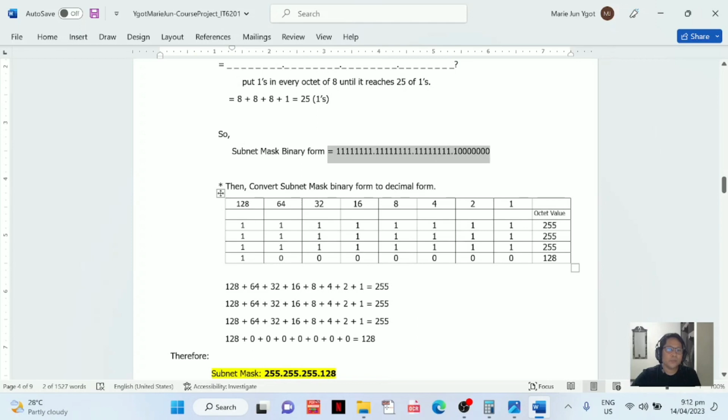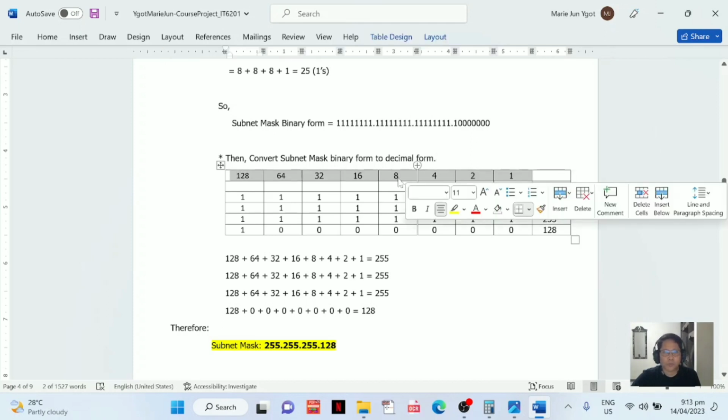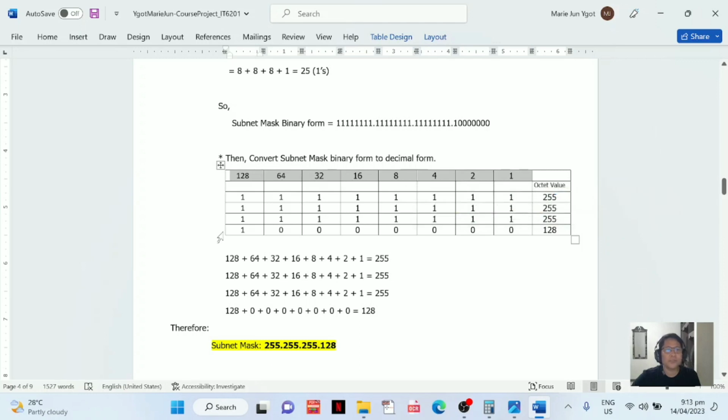Then we're going to convert the subnet mask binary form into decimal. In order to get the decimal form, we're going to use again this table here, with the values 1, 2, 4, 8, 16, 32, 64, and 128.